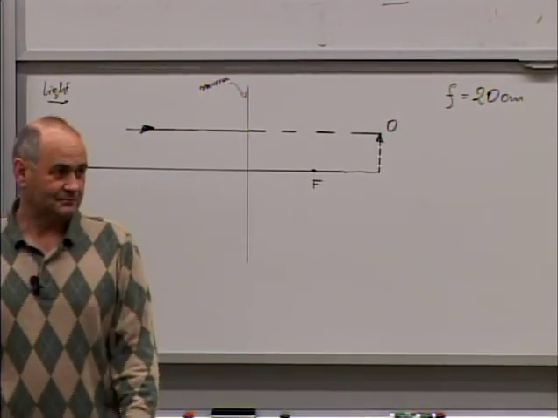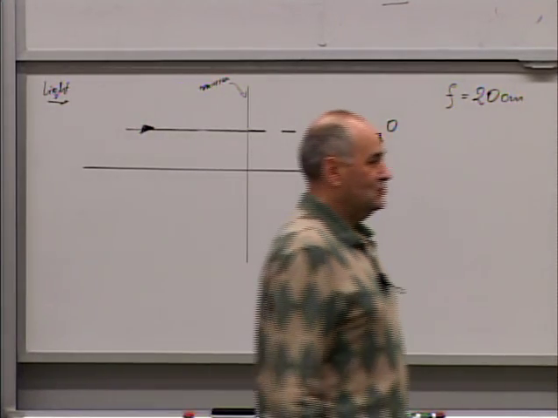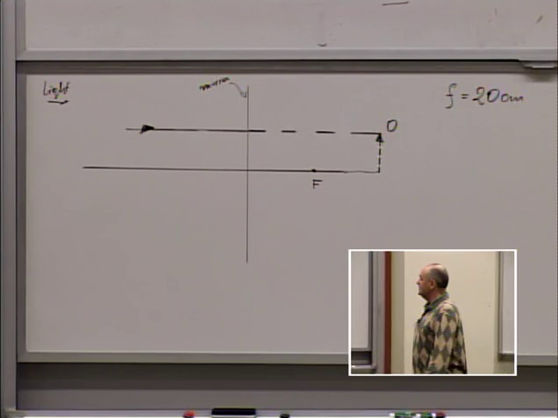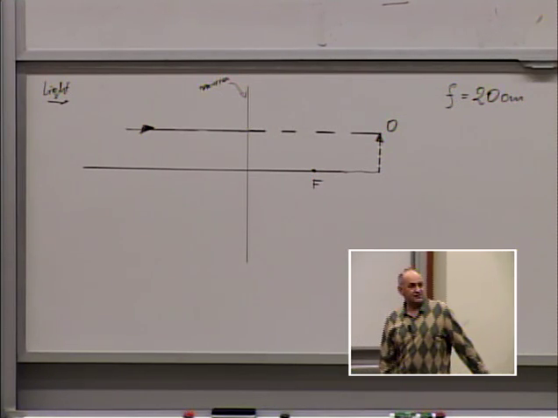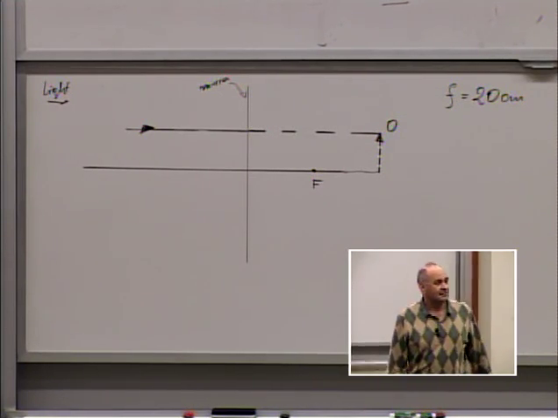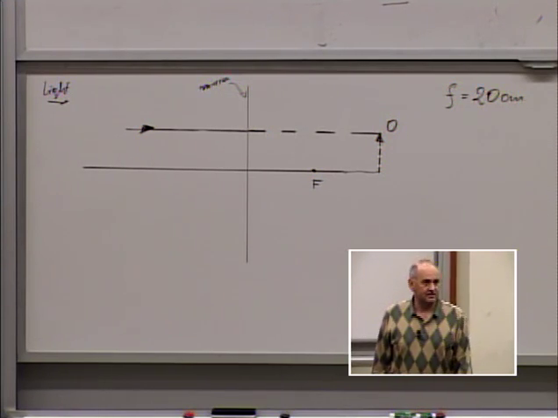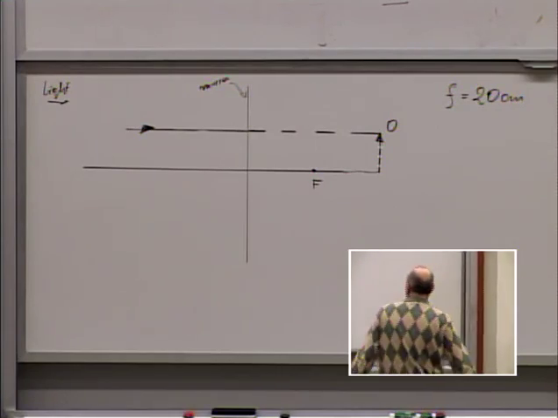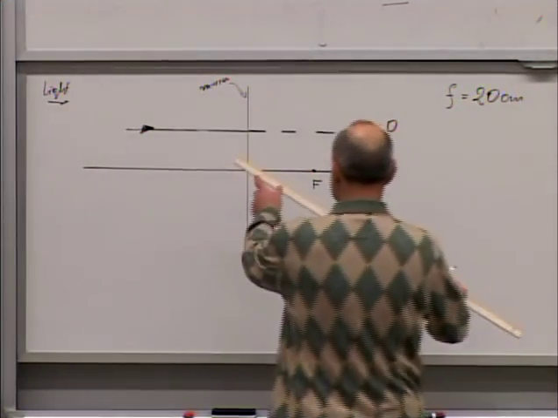All right. Now, what will happen with the light traveling along the parallel object ray after it is reflected? Yeah, so the ray or its extension has now to pass through the focal point.